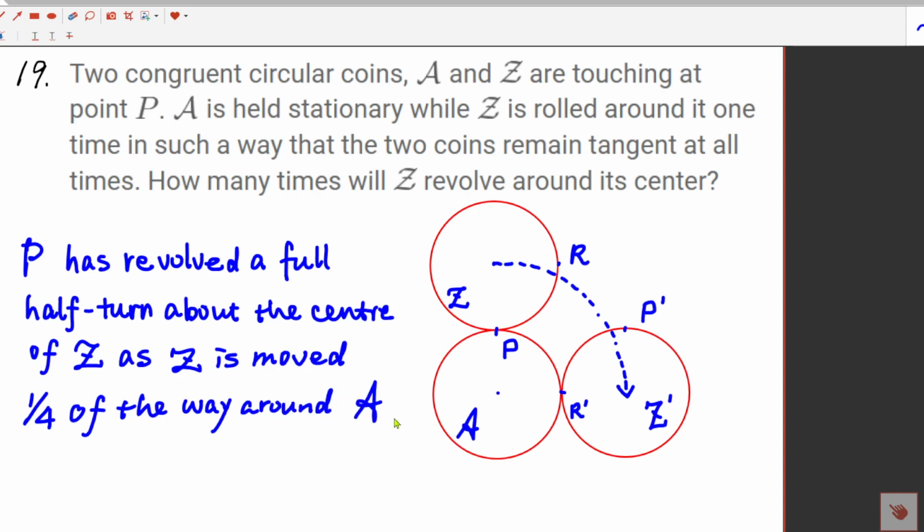Around A. So after 4 of these quarter turns, P will have moved 4 half turns about the center of Z, right?